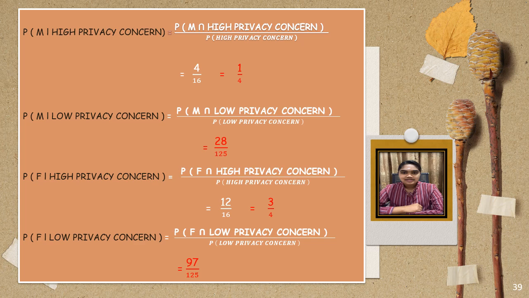We will get 28 over 125. For female and high privacy concern, we find the probability of female intersect high privacy concern divided by the probability of high privacy concern. We will get 3 over 4. And lastly, for female and low privacy concern, we find the probability of female intersect low privacy concern divided by the probability of low privacy concern. We will get 97 over 125.